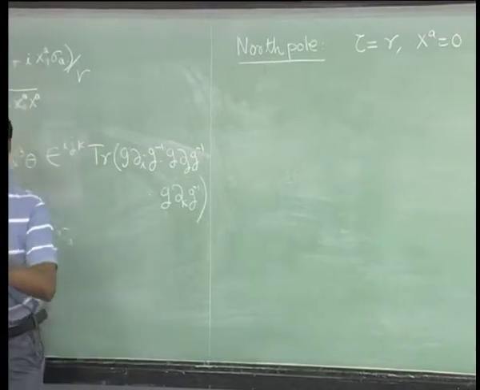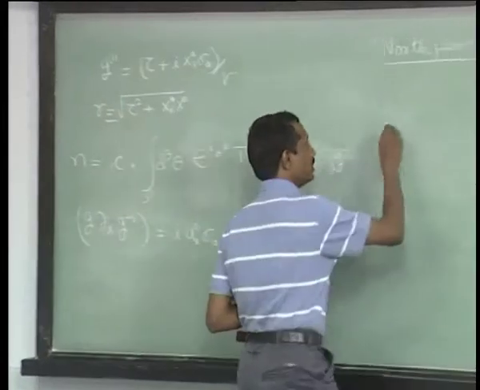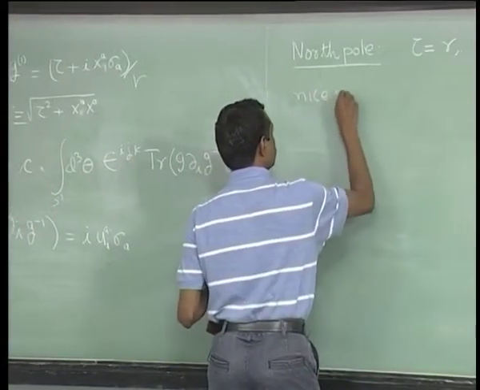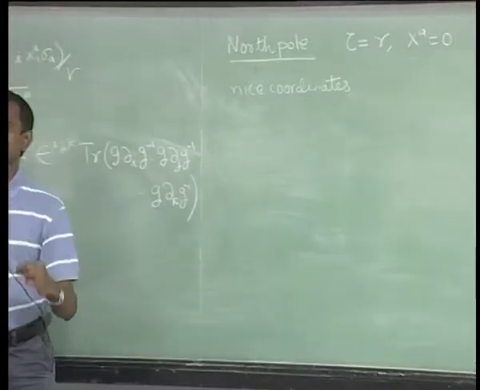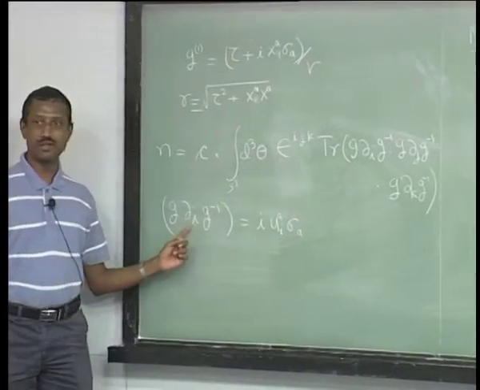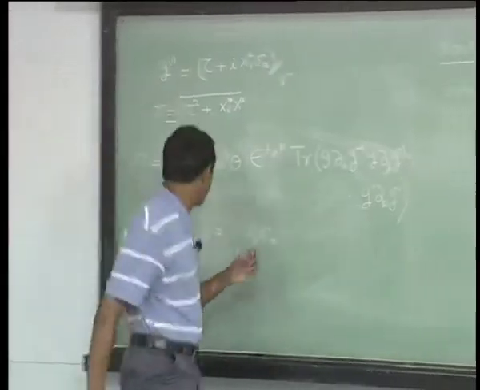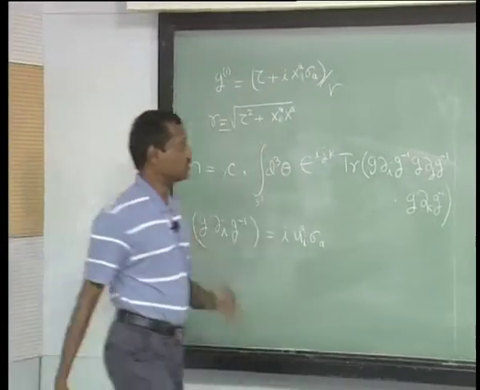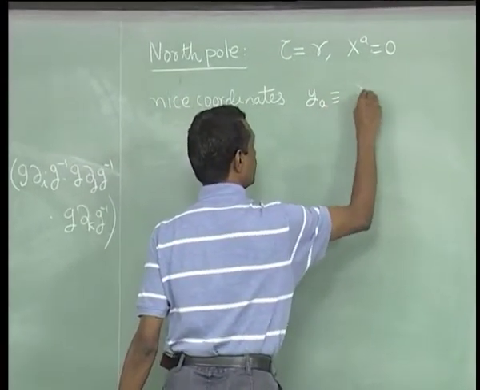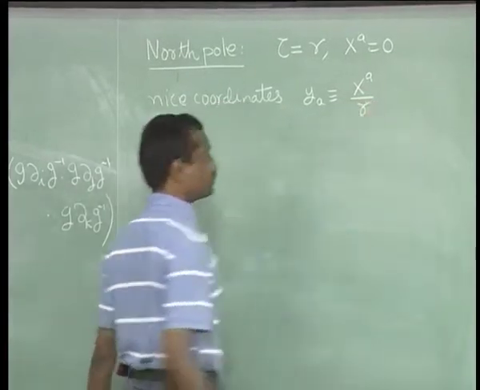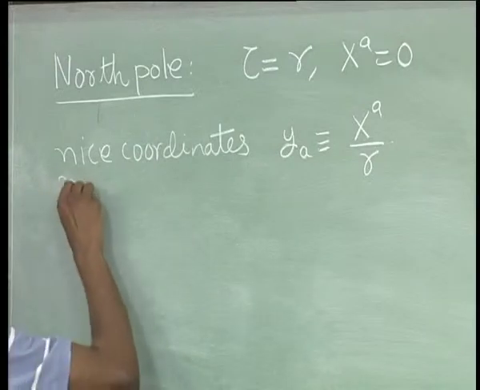So, I am going to choose this thing, and the idea here is that coordinates near the north pole are very easy. I do not need to use those coordinates which are valid everywhere. So, nice coordinates, so in a first order neighborhood, because in some sense we only want things up to first order, okay, out here, and in computing a derivative, nice coordinates are actually y a's, which I will just define to be x a upon r, okay, near the north pole.